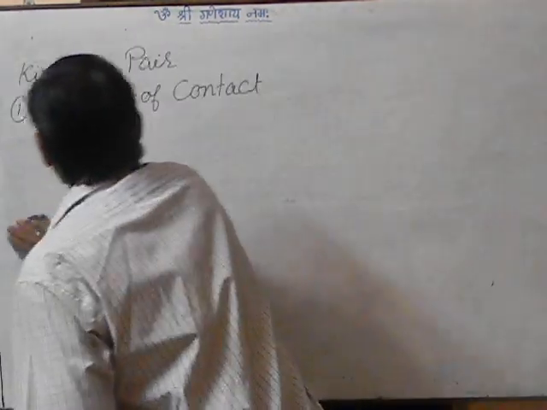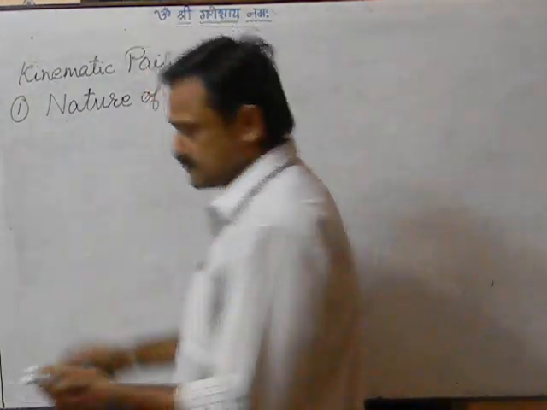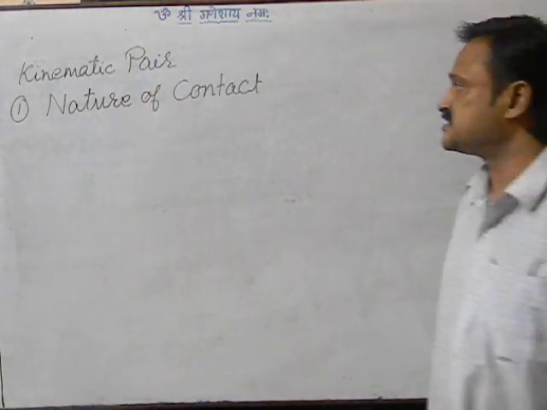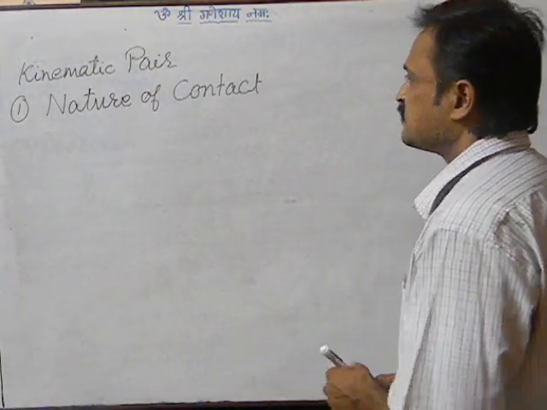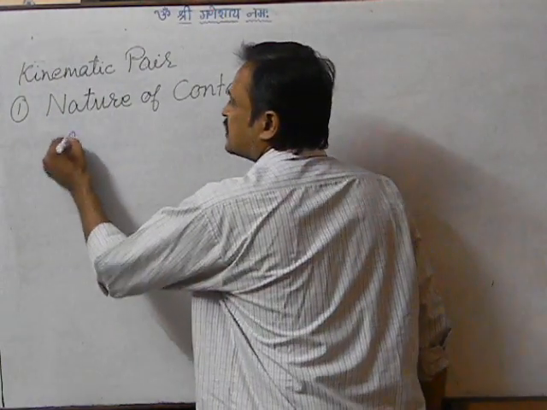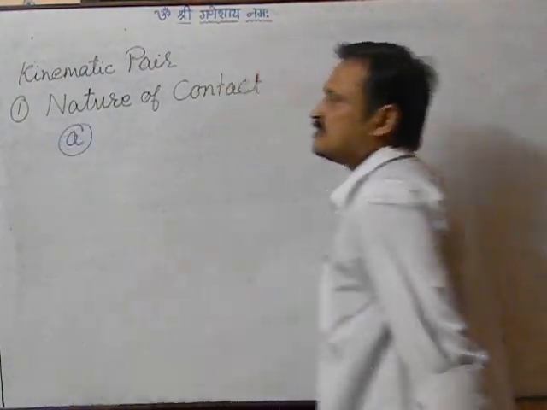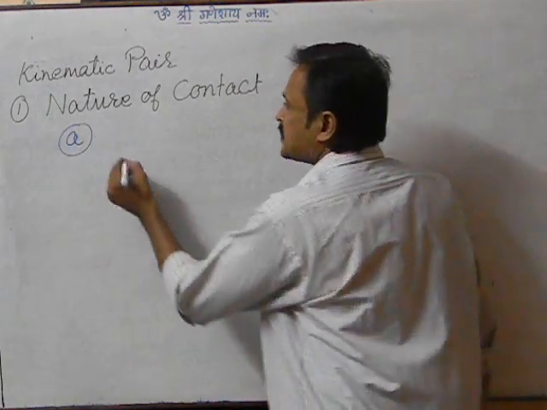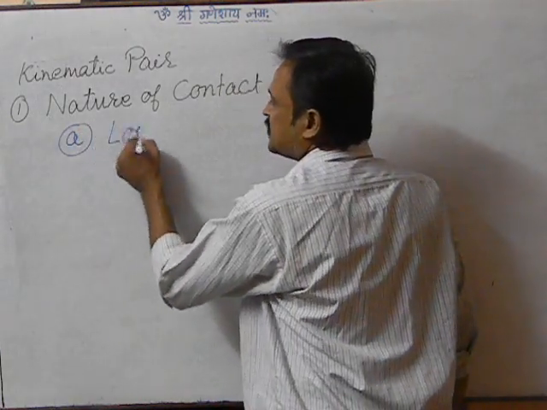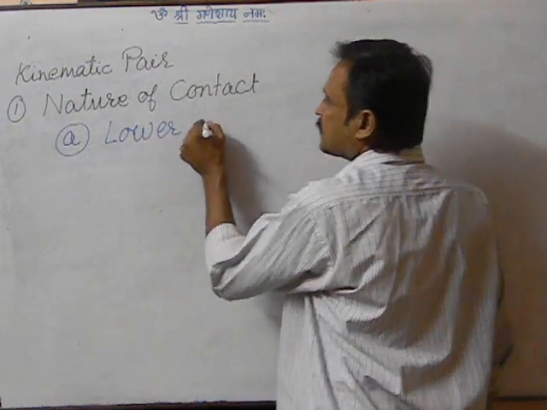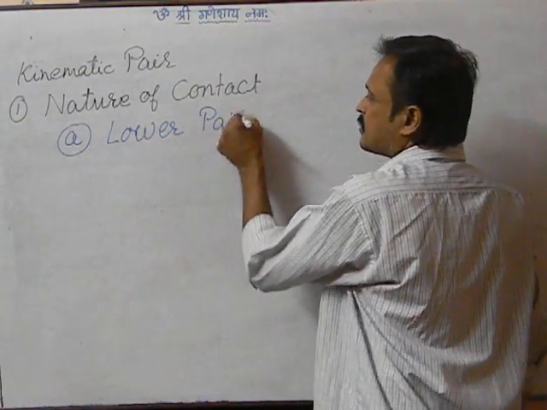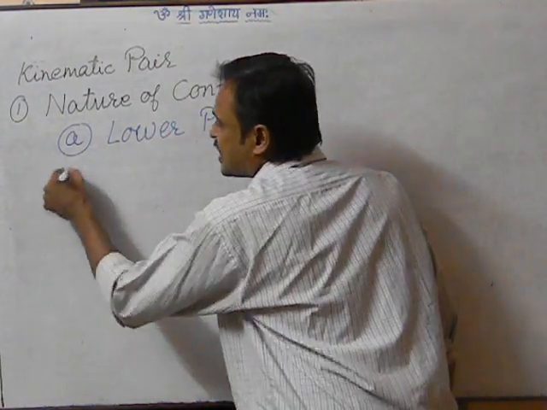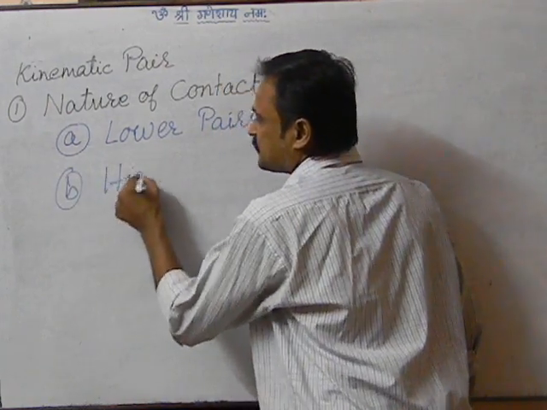kinematic pairs. Now in nature of contact, when we see the classification, again we can sub-classify them as lower pairs and higher pairs.